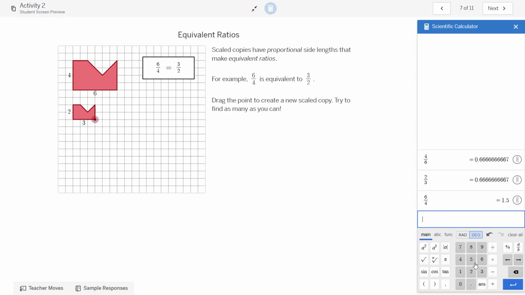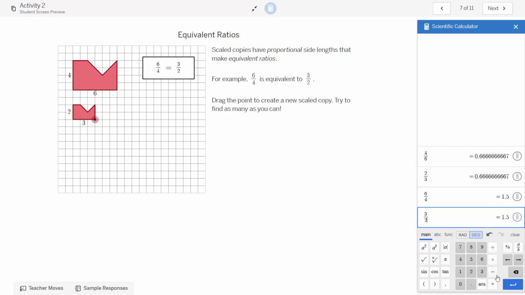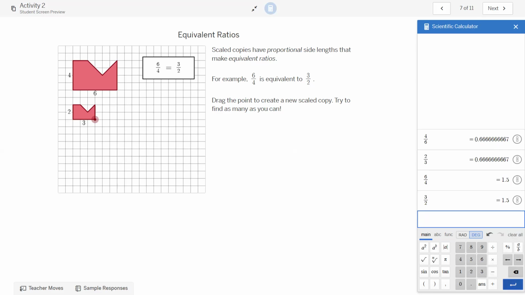And then if I take 3 and divide it by 2, guess what? 1.5 also. So think about that. When I compare sides, I have to compare the same side to the same side if I want to make sure I have the right equivalent ratios. They have to be compared to each other, the same sides.